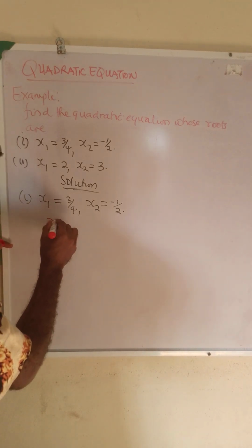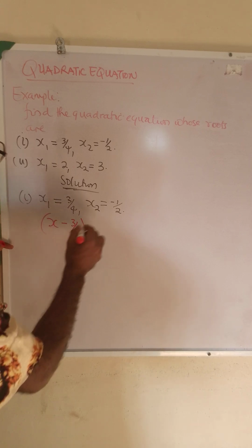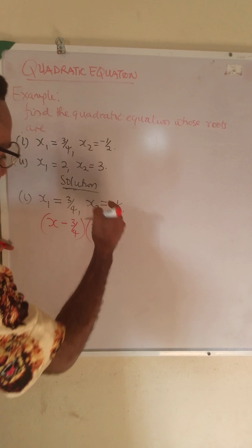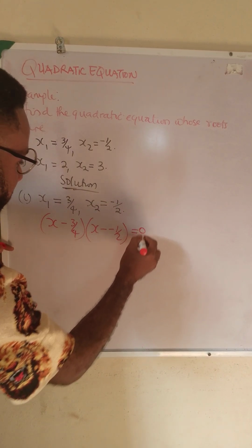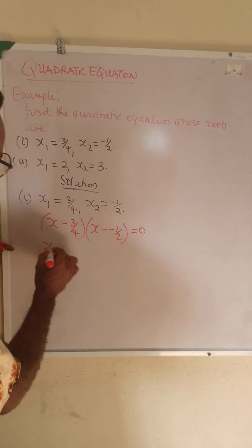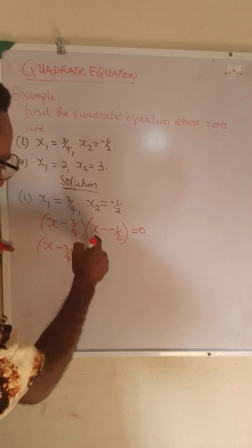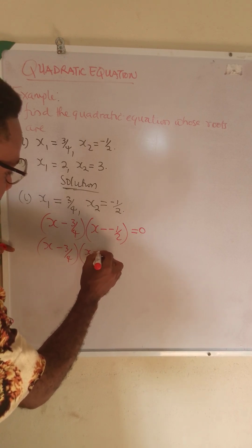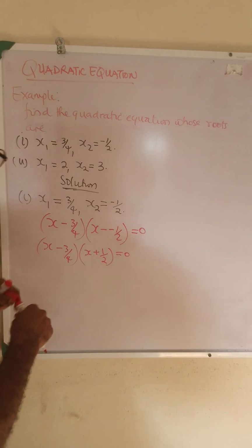You are going to have x minus this value 3 over 4 into x minus, because this one has another minus, so you have minus 1 over 2 equal to 0. So this will give you x minus 3 over 4 into, minus times minus is plus, so this will give you x plus 1 over 2, still equated to 0.